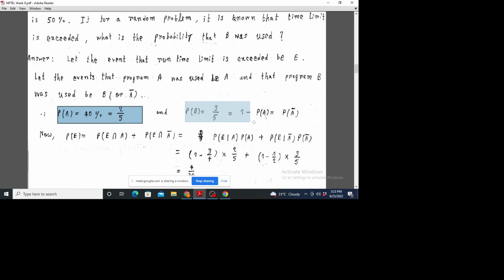And the probability of B, the program B is used 60% of the times, so the probability of occurrence of the event B is 3 by 5, because this is 60%. And you can simply check that this 3 by 5 is actually 1 minus P(A), and that also verifies our intuition that B should be A complement.